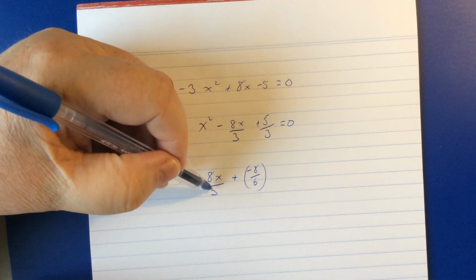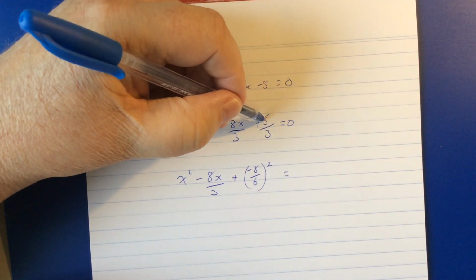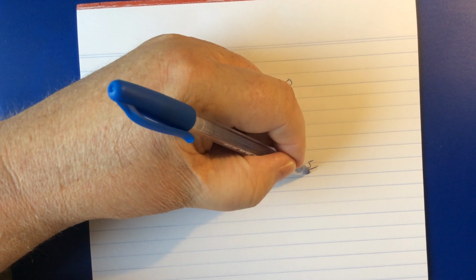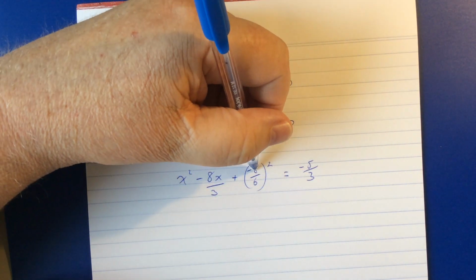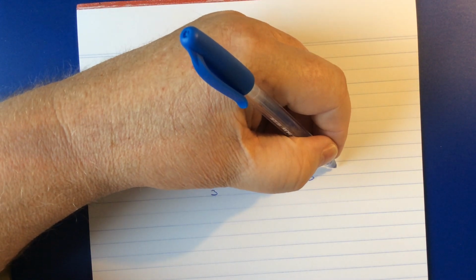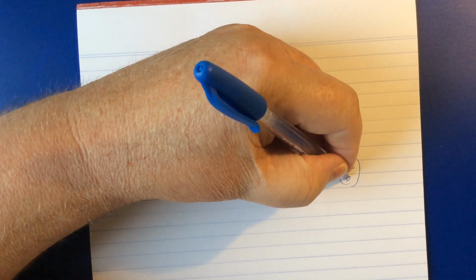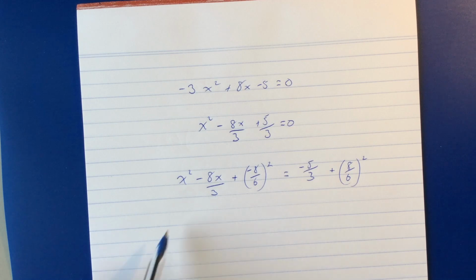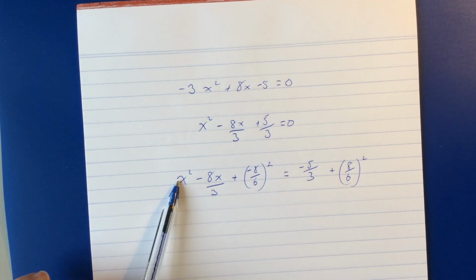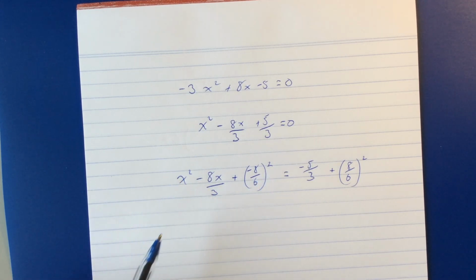So what I've done is I've halved this and I'm going to square it, and I'll move this positive 5 on 3 over to here, and because I've added this to this side, I'm going to add this to this side, 8 on 6 squared. And so what I've got here is the makings of the perfect square that I want.